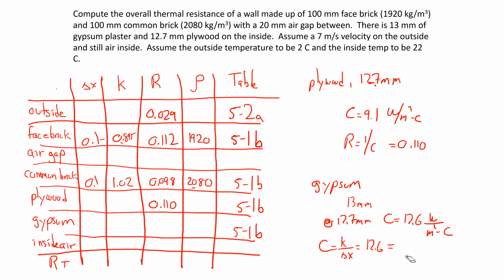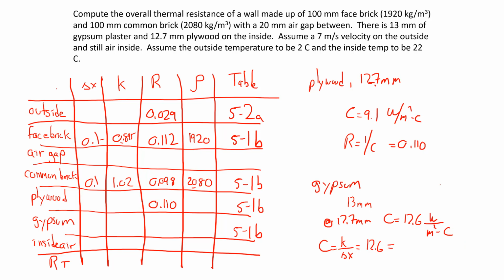I know, guys, this is really slow, but I'm hoping me going slow here will help. So again, we take 0.0127 and multiply it by 12.6, and we get a conductivity of 0.16 watts per meter Celsius.